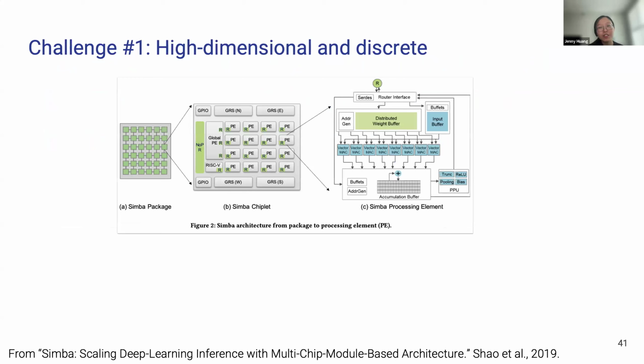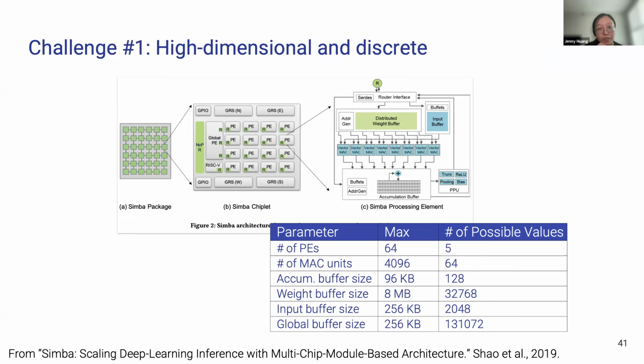Here are some challenges in efficiently navigating the architecture design choices. First, this design space is both very high dimensional and discrete. If we consider an open source accelerator, again the Simba accelerator for deep learning developed at Nvidia, its design space includes parameters like the number of processing units, the number of MAC units, and various buffer sizes, all of which contribute to this high dimensional configuration space.